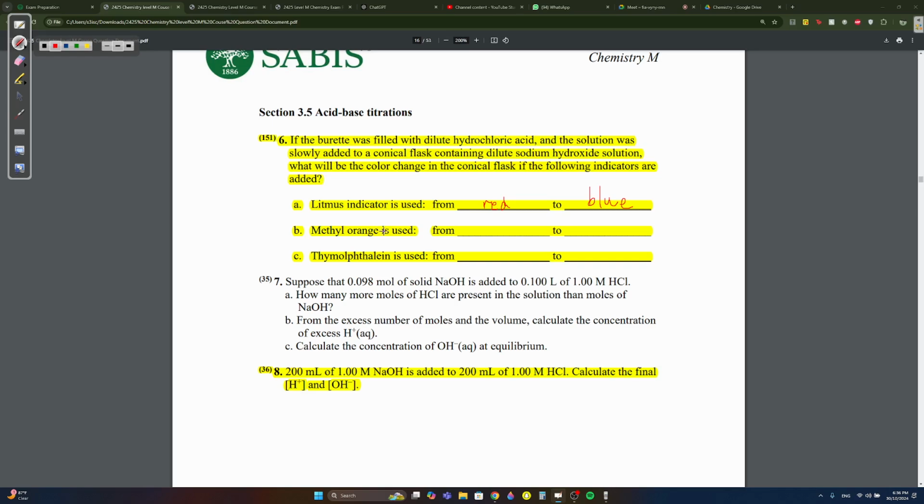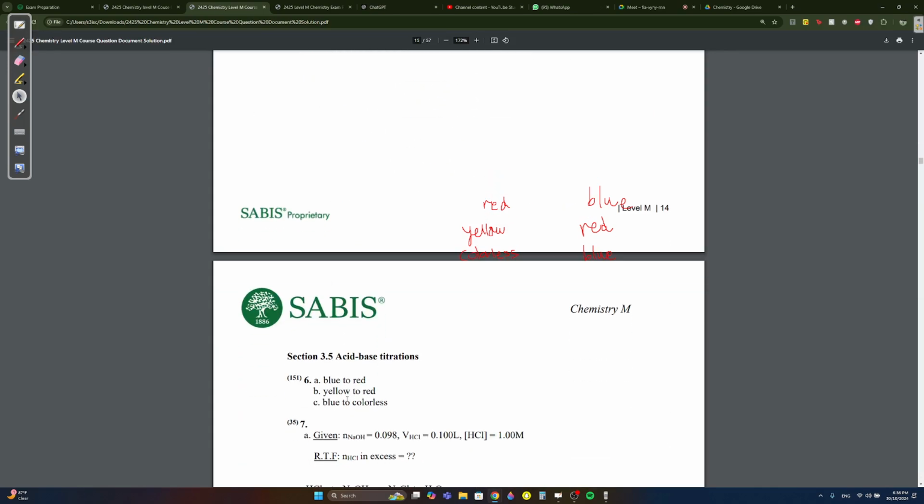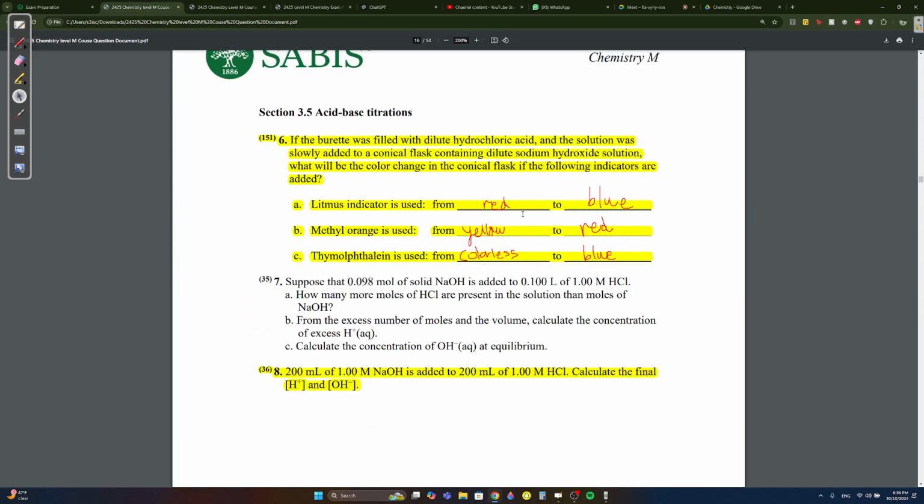Methyl orange, upon being in contact with a neutral solution, is yellow, and then when it becomes a base, it's red. Thymolphthalein is colorless and becomes blue. I think. Blue to colorless. Oh, why is it the other way around?